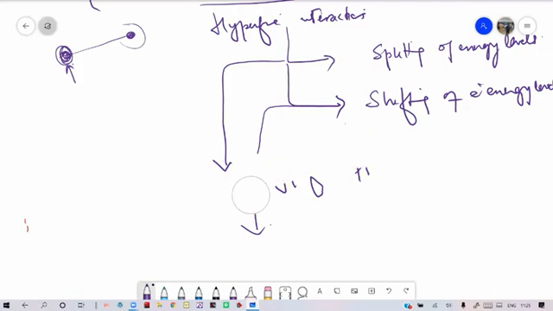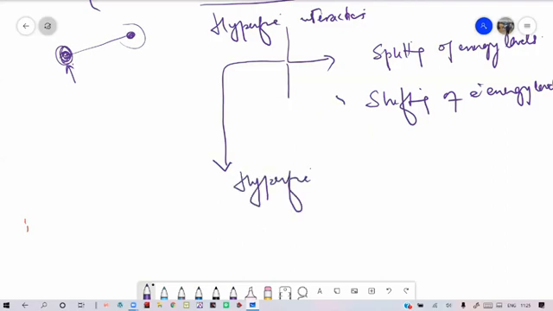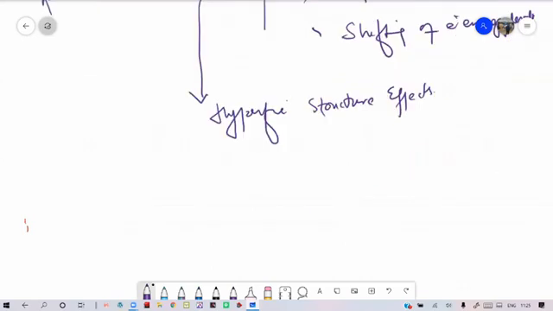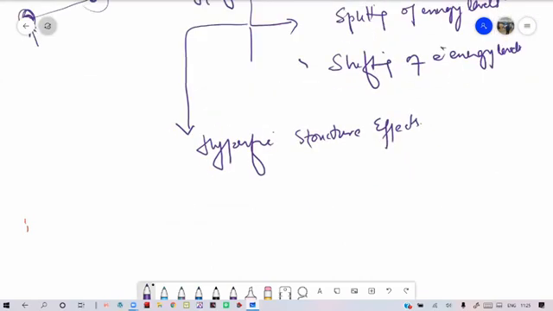So yeah, splitting is hyperfine structure effects, and the shifting arises because of what is called the isotope effect.